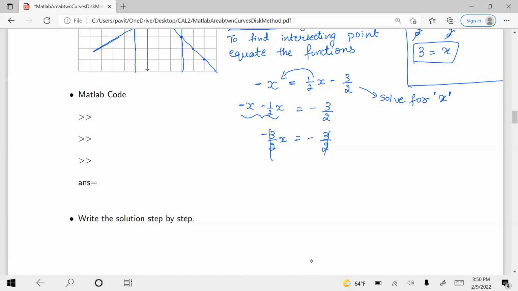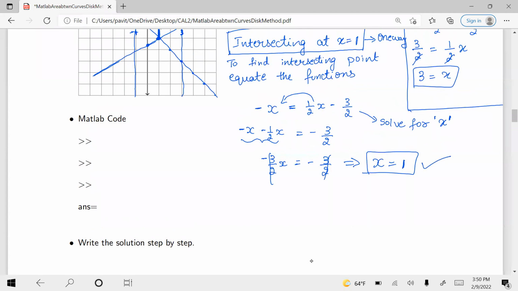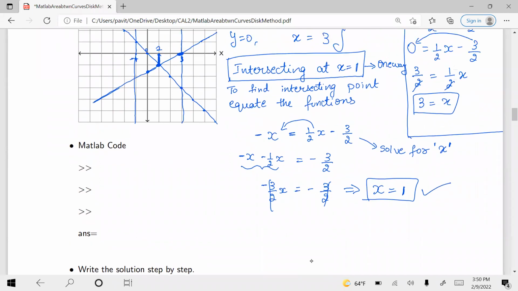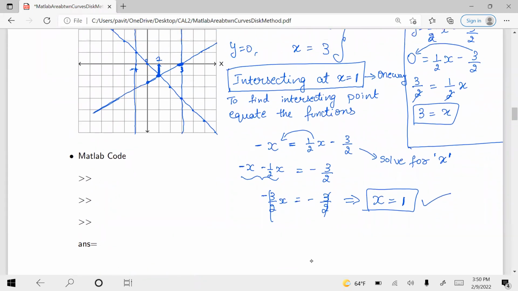Now you can cancel out, right? So that will give you x equal to 1. This is the second way of doing it. If you're not confident of the intersecting point that you found using the graph, you can always use this one. Equating functions will always give you the right answer.